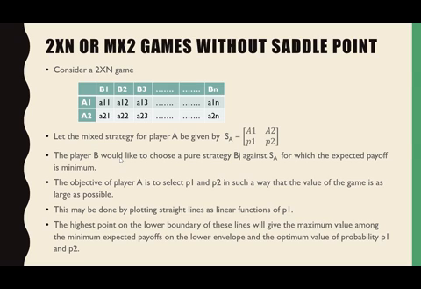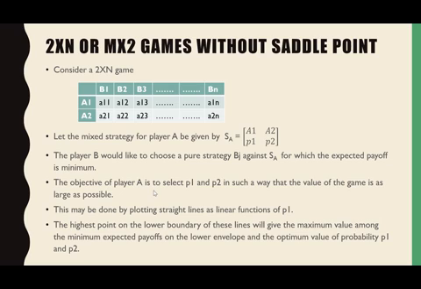So the player B would like to choose a pure strategy Bj against SA for which the expected payoff is minimum. So the aim of player B is to minimize his losses. Therefore, he will select two strategies out of the n strategies available which will lead to a minimum loss.